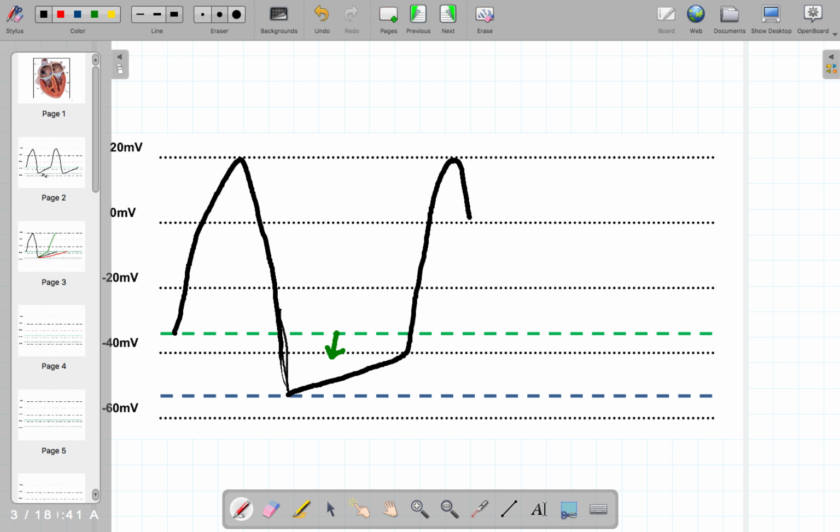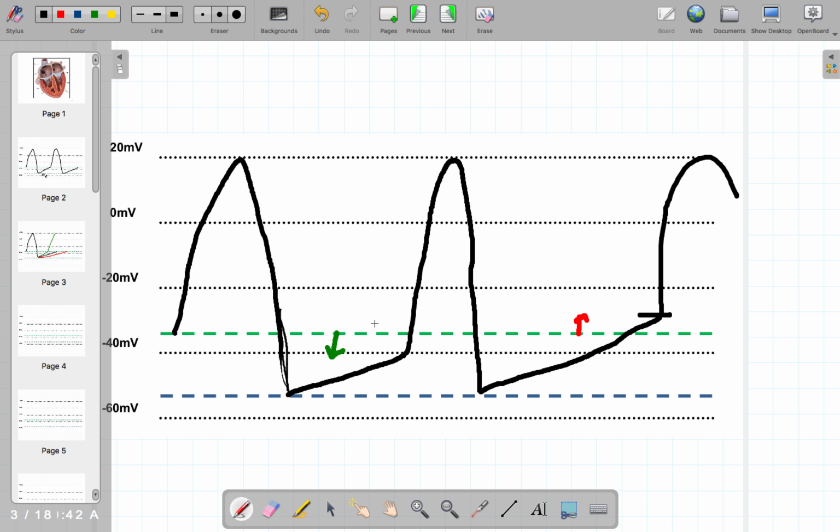Now let's go back to our baseline, and this time I'm going to raise the threshold of our calcium channel. And so it is going to take longer for my slow IF current to reach this new higher threshold and fire the action potential, start the calcium current coming in that underlies our action potential.